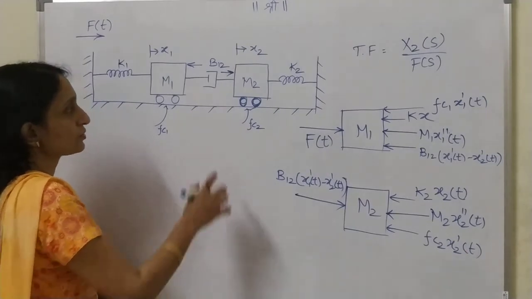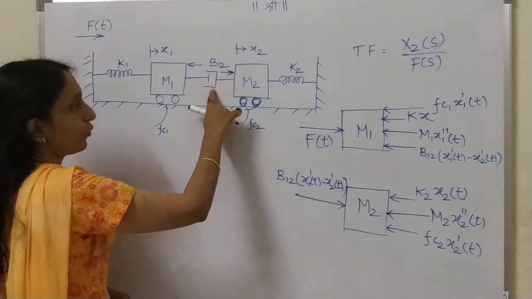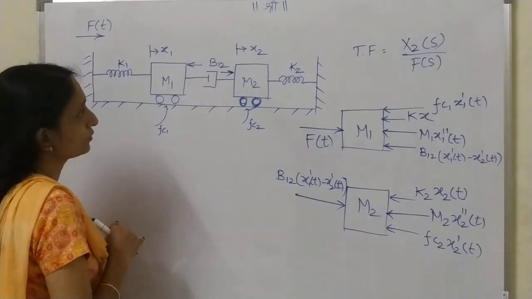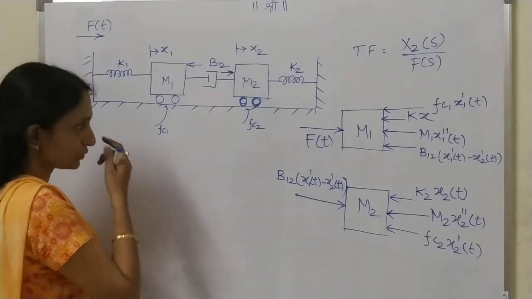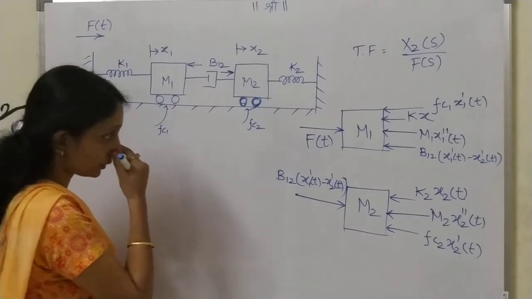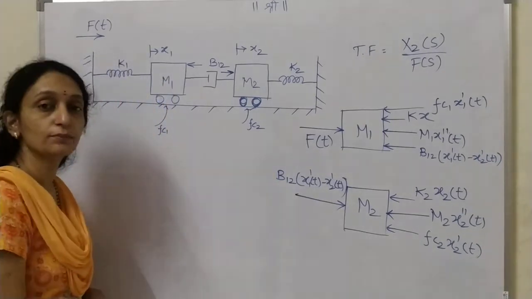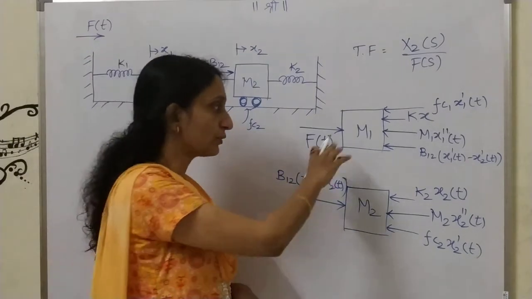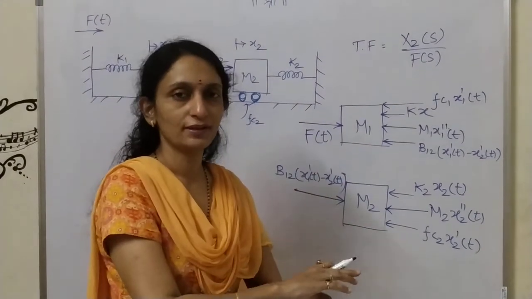How many components are connected? 1, 2, 3, 4. What is left? Yes, all 4 components are on mass m2. Now look at this, these are 2 free body diagrams.